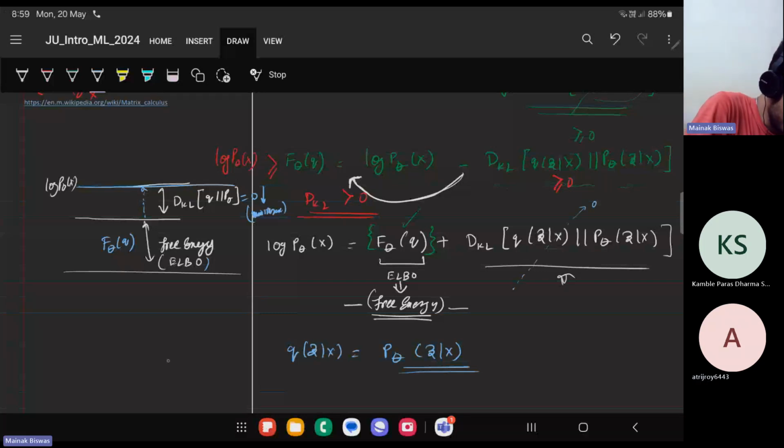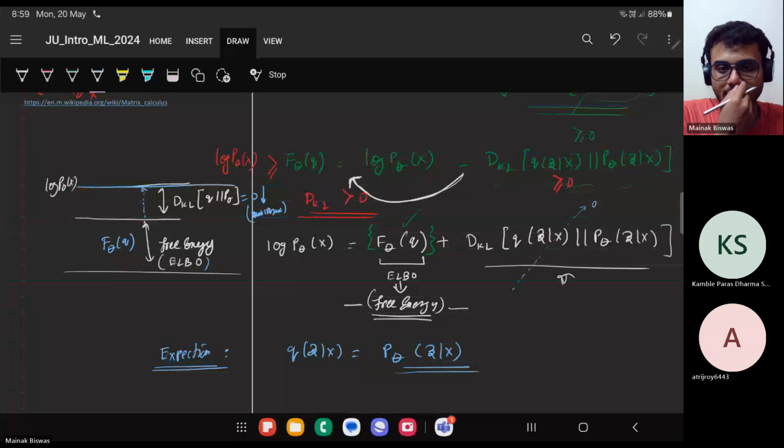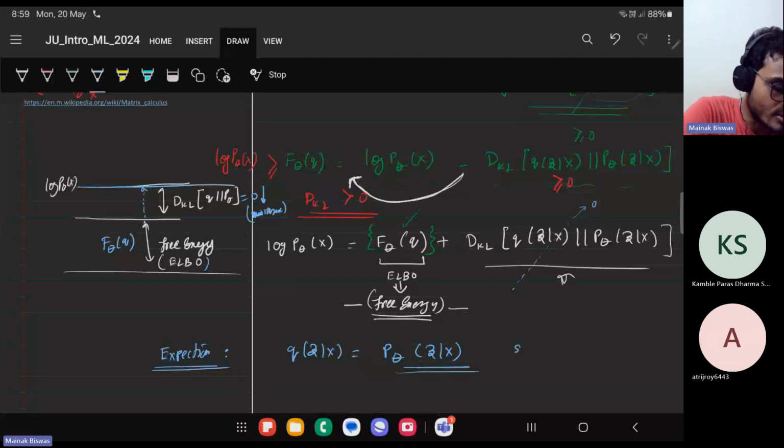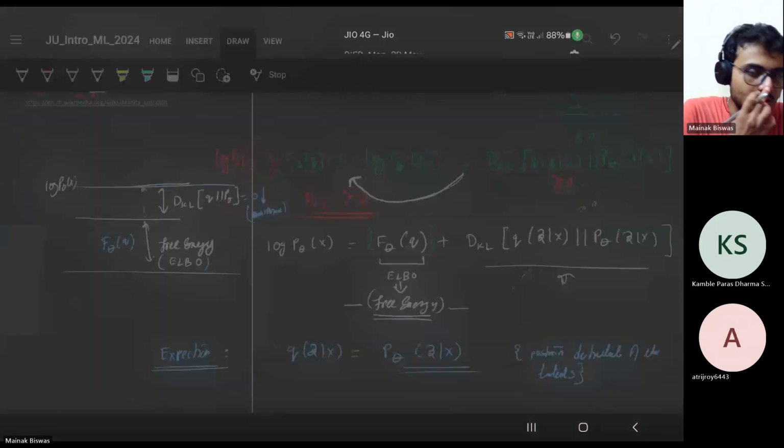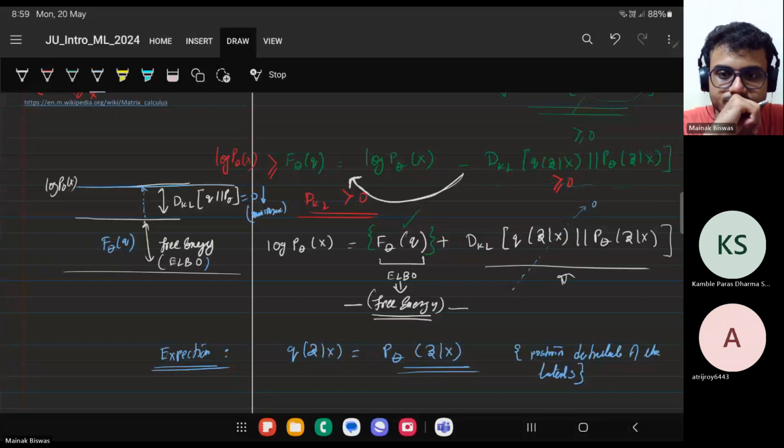This is called the expectation step. Now you see, I got the reason for selecting q. My q is nothing but the posterior distribution of the latents. Correct?